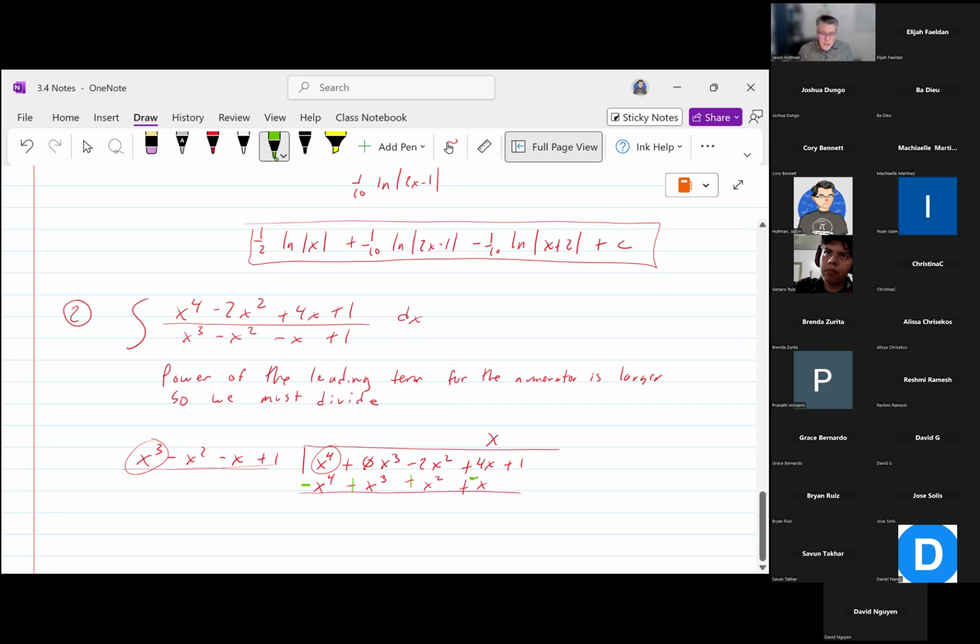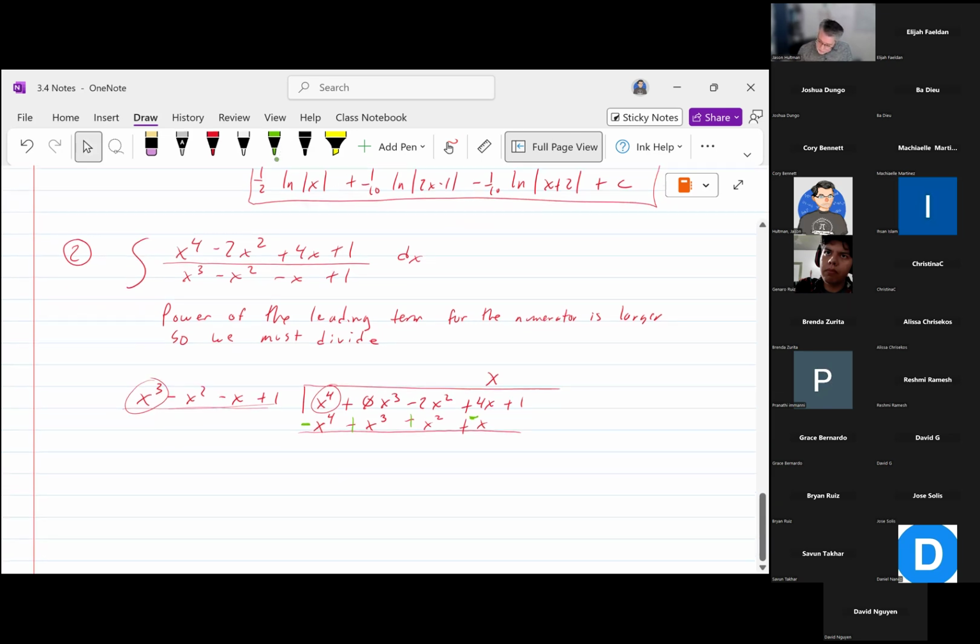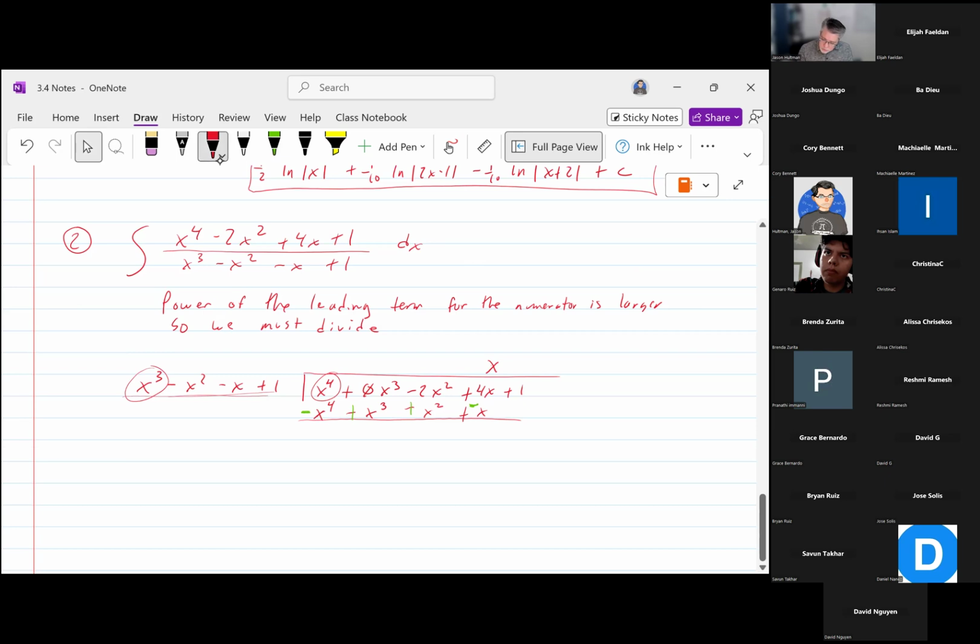Then I'm going to add. So the net result is going to be a 0 here, which is nice. That's what I want. Okay, x cubed here, a negative x squared, and then a 3x, and then I'm going to bring down this 1.